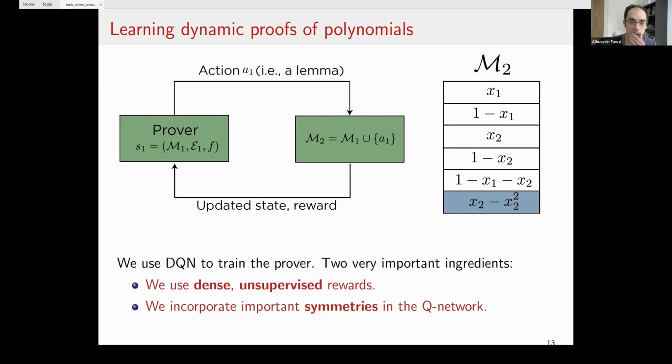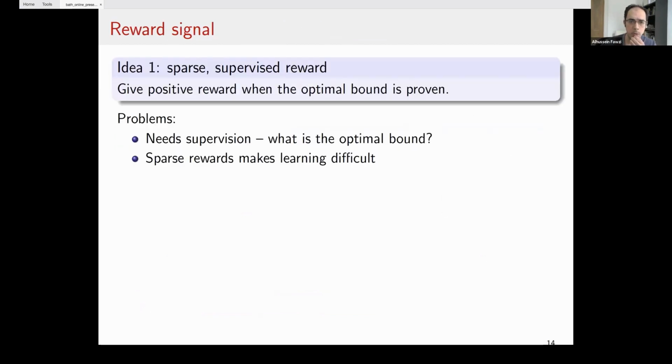The first idea is to use dense rewards rather than sparse rewards. You could try to give a reward at the end of each episode: a positive reward if you manage to get the proof, and otherwise a 0 reward. There are two problems with this sparse reward.